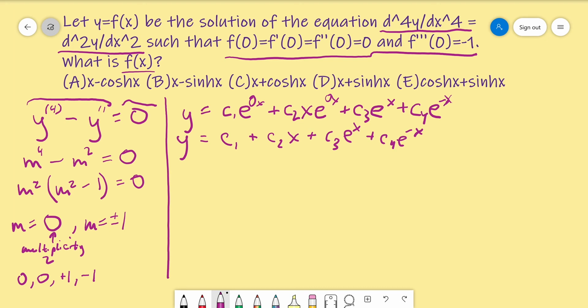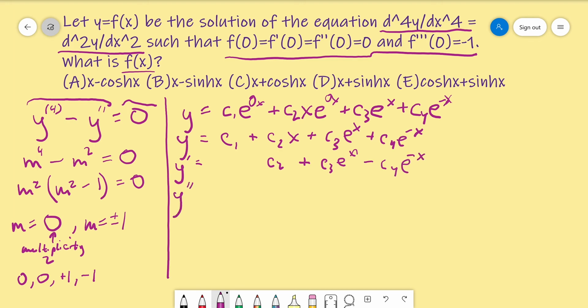Now we have to figure out what these constants are, and we're going to use the initial conditions, but first we have to differentiate y. We have to find the first derivative, second derivative, and third derivative, so we can plug in the initial conditions. So y prime: the derivative of c1 is 0, derivative of c2x is just going to be c2, derivative of c3 e to the x is just c3 e to the x, and the derivative of c4 e to the minus x is actually going to be minus c4 e to the minus x.